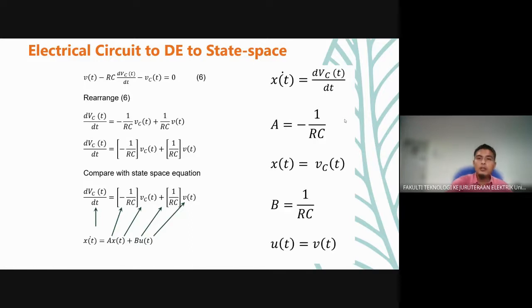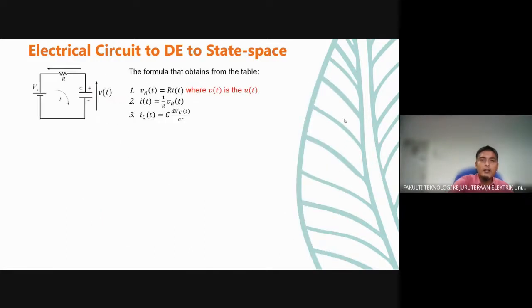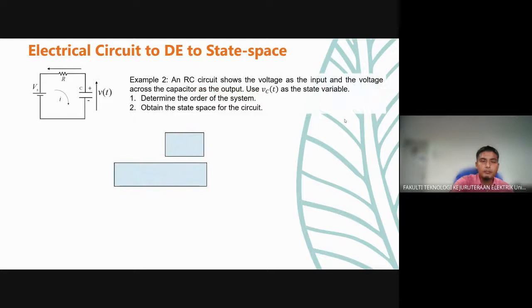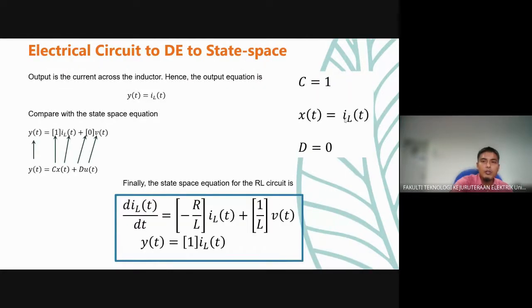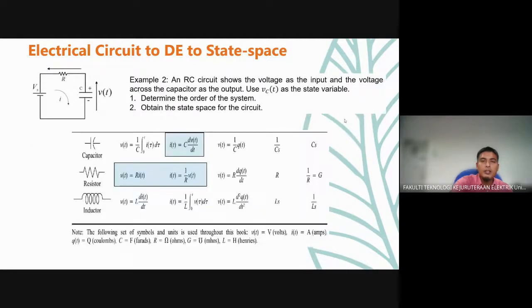As long as you understand the steps on how to solve the question, I believe you can do the modeling. Firstly, you need to have this table, and then based on the table, you read the equation carefully and see what is the state variable and what is the output. Then you highlight the formula that you must use.